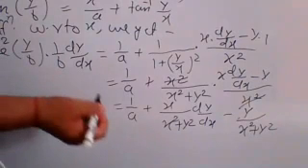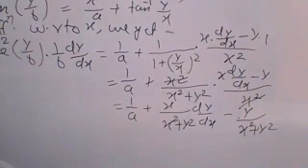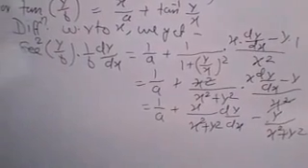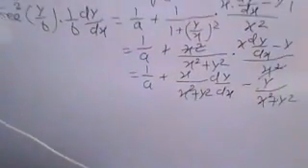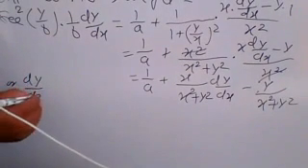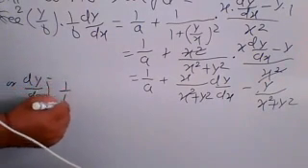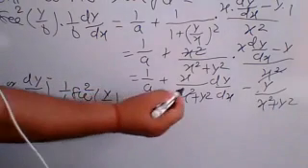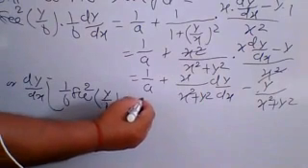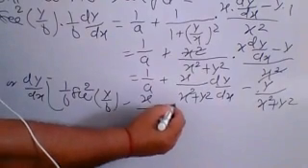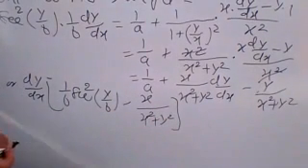Now transposing the terms of dy by dx and taking dy by dx common, you have 1 upon b sec square y by b, and here you have the term of dy by dx, so write minus x upon x square plus y square.